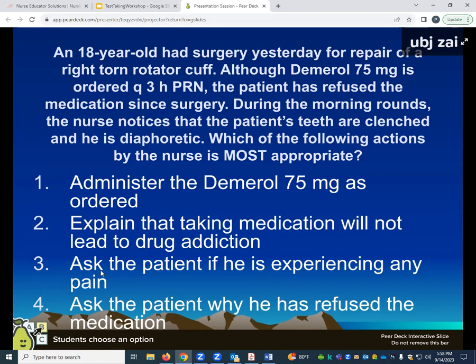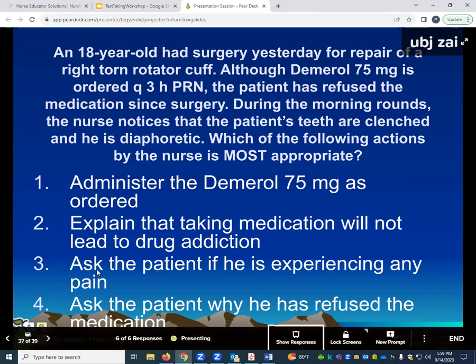At that point, it probably would be appropriate to use the word why and say, hey, if you're having a lot of pain, why won't you take the pain medication that the doctor has ordered? Then in the course of that conversation, maybe he will ask questions about drug addiction and you could explain about that. But you can't assume. You need to assess first and ask him if he's experiencing pain.